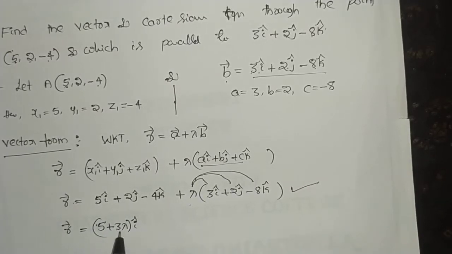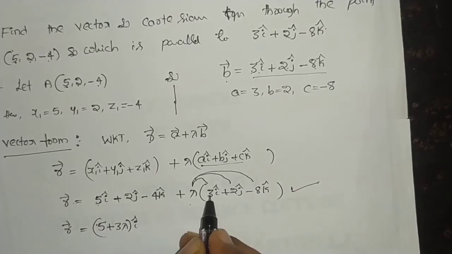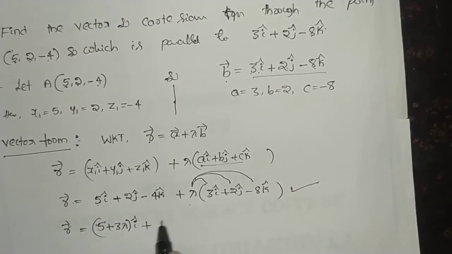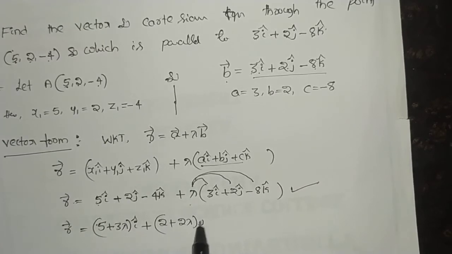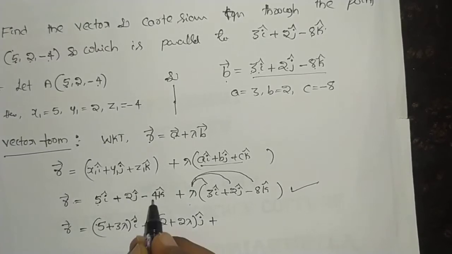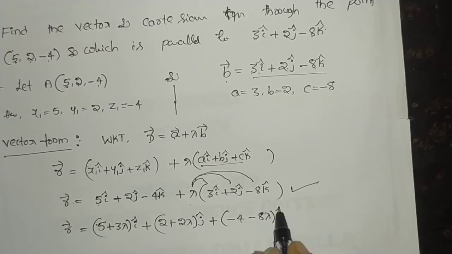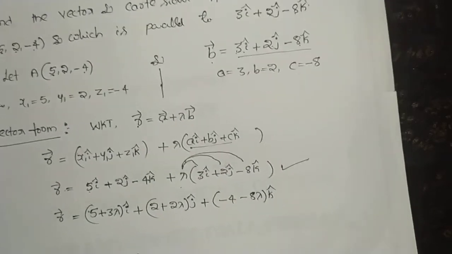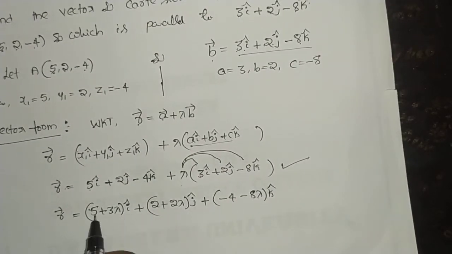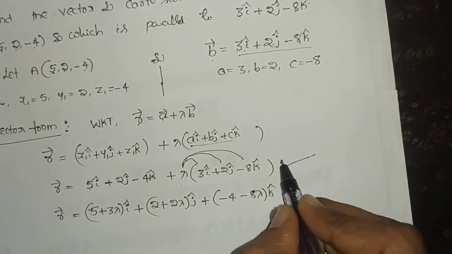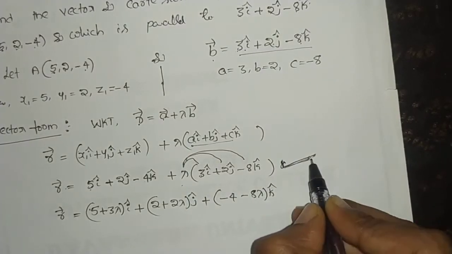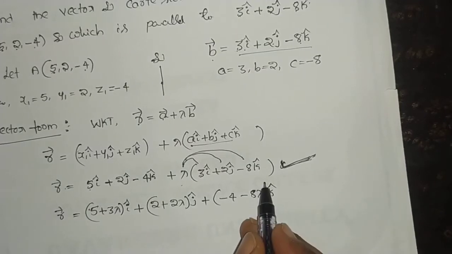In the last step you will get 5 plus 3 lambda into i plus 2 plus 2 lambda into j cap plus minus 4 minus 8 lambda into k cap. If you are finding this step difficult, you just stop here itself. Okay, it is the vector form.